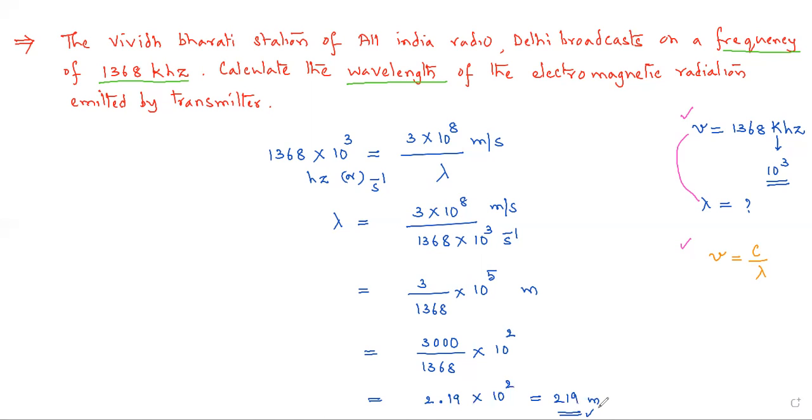So that is how you have to calculate. The first step is writing the data, then using the formula that we have already derived, then substituting the values and simplifying.